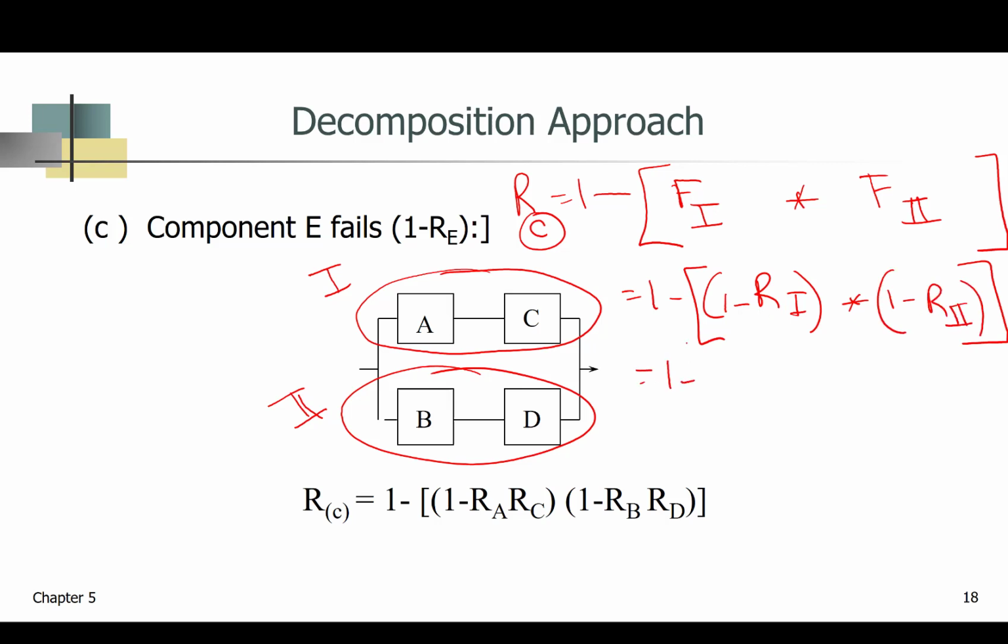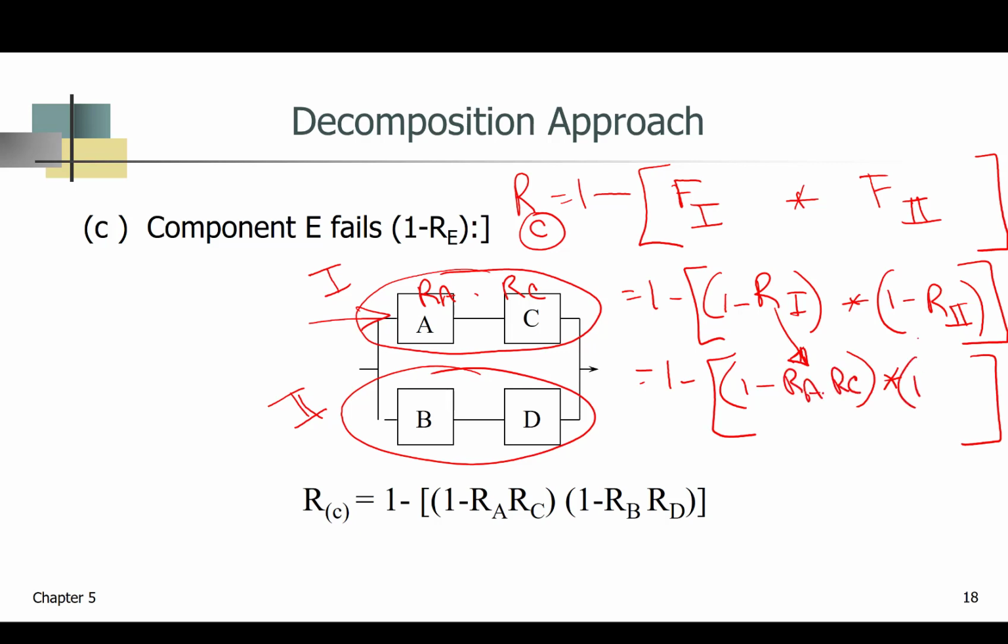So again, looking at the reliability of 1, or for the top series, we have reliability of A times reliability of C that defines the reliability of that series right there. So we can write RA times RC.